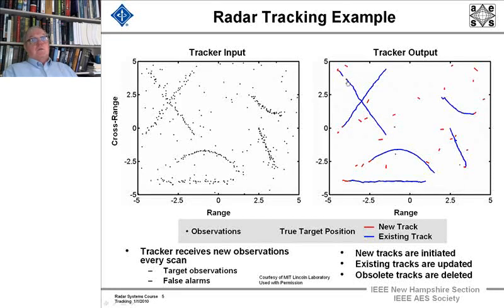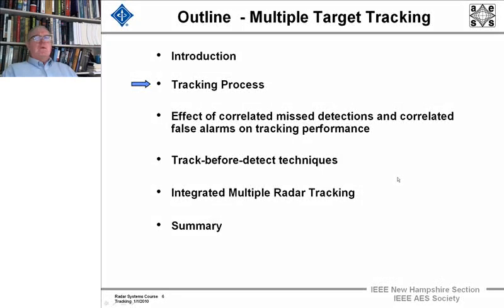We want to know the state vector of each and every track, which tells us where it is in space and where it's going. And if it's accelerating or decelerating, it'll have double dots on x, y, and z. Well, that stands for, obviously, time derivative. So now let's look at the tracking process.